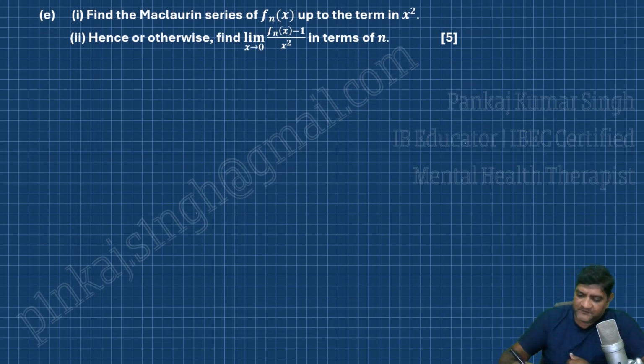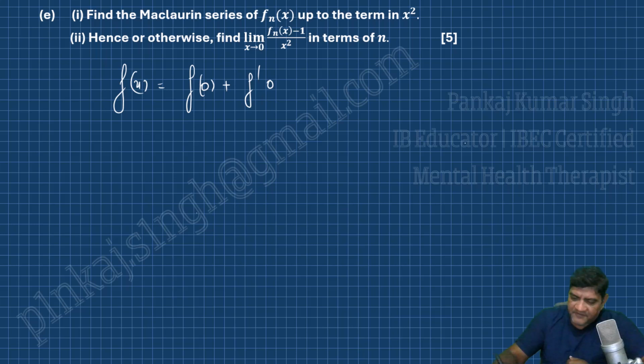Now, what is Maclaurin's expansion or Maclaurin series? Any function f of x can be written as f of 0 plus f dash of 0 into x plus f double dash of 0 divided by 2 factorial into x square. He wants us to expand it only till the power of 2, and therefore I'm going to stop there.